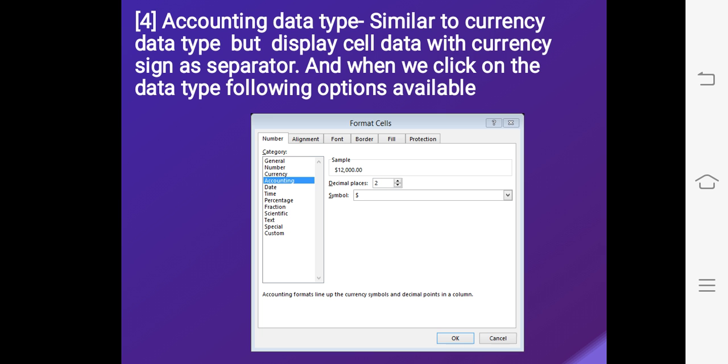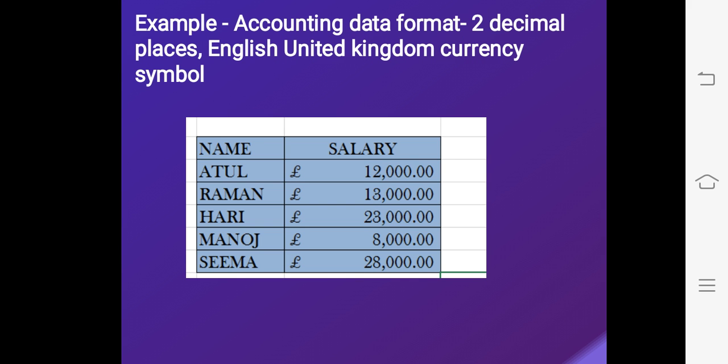In this category we can change the decimal places and also the currency symbol. Now see, in this we have applied two decimal places, and also we have selected the English United Kingdom's currency symbol. As you can see, the currency symbol is left aligned and values are right aligned.